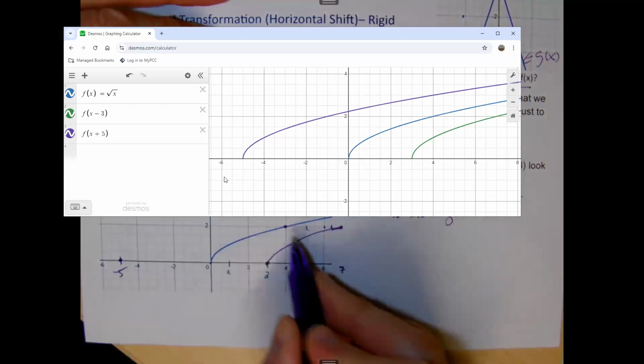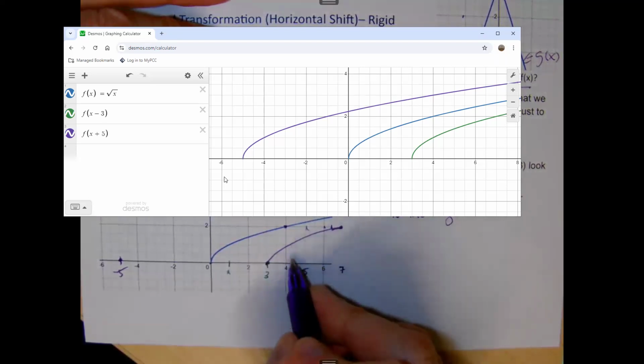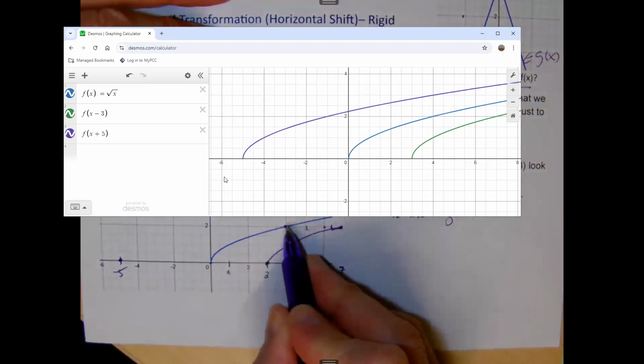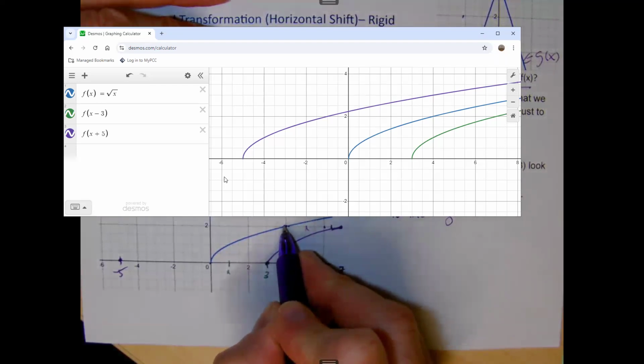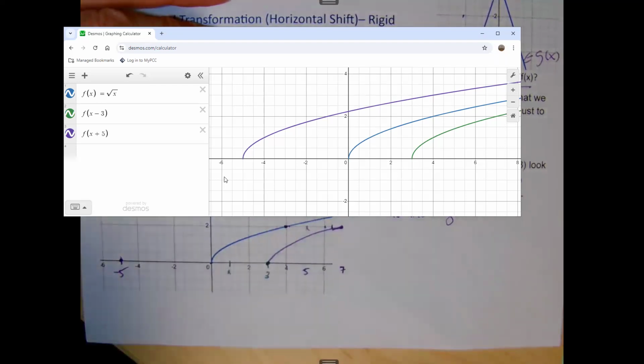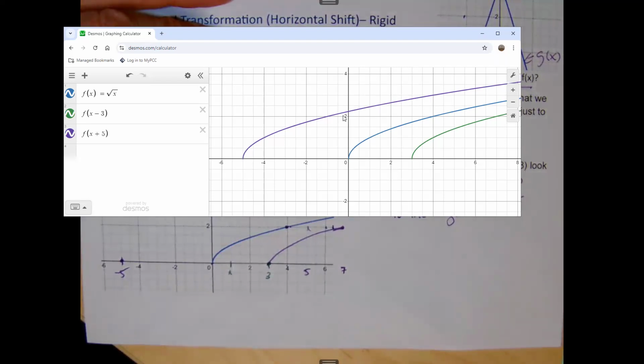So that means that this other point that used to be 4, 2 is now moved over to the left 5. Here's my original 2. Let's see, 1, 2, 3, 4, 5.